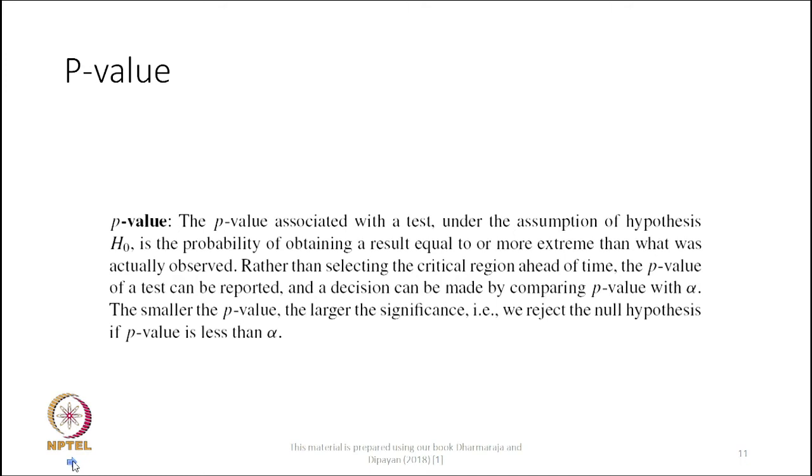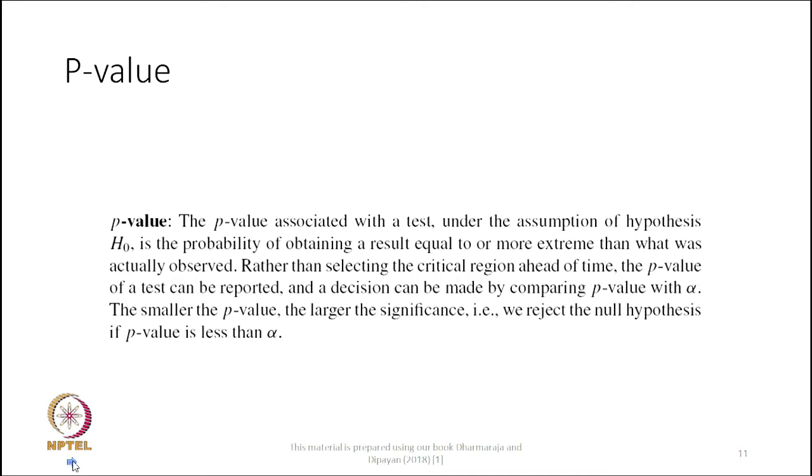So, most of the statistical analysis will identify the p value instead of a given alpha, because the alpha has to be supplied to you, but most of the time you do not need the alpha business. Instead of identifying the critical region with the given alpha, most of the time we will be looking for the p value. So, once you identify the p value, the smaller the p value, the larger the significance.